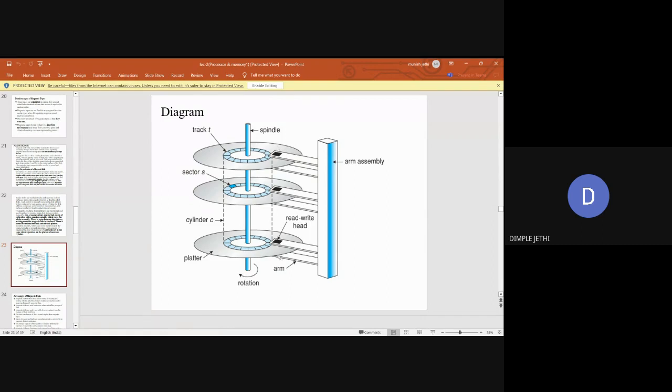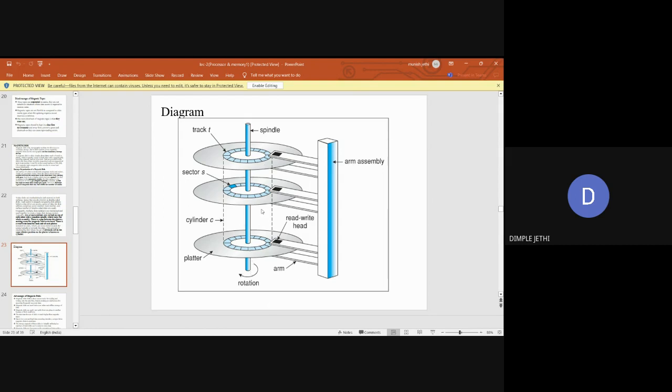On these two sides we will not store any data, because there is a fear that the hard disk can get crashed if it is hit by something. So that is why we leave the top side of the first platter and the bottom side of the last platter blank, and for the rest of the disks between them, the data will get stored on both sides, up and down.